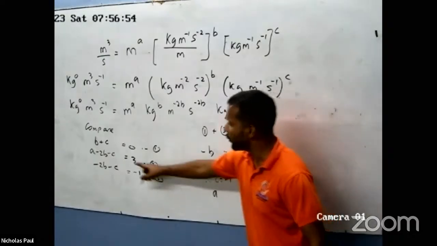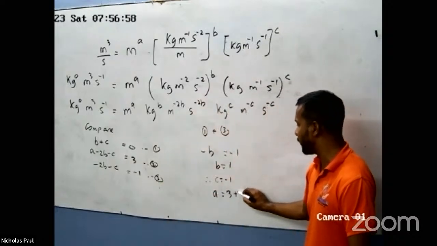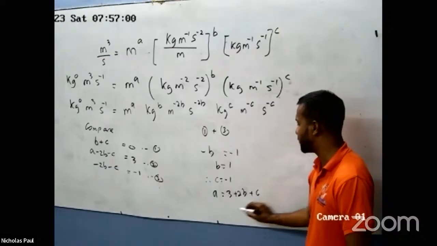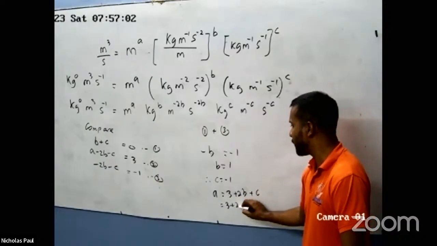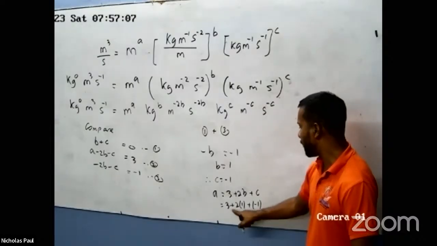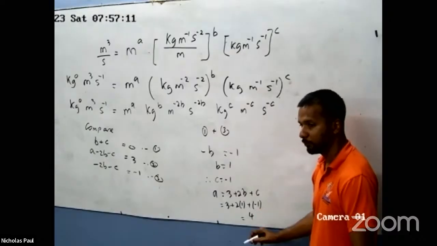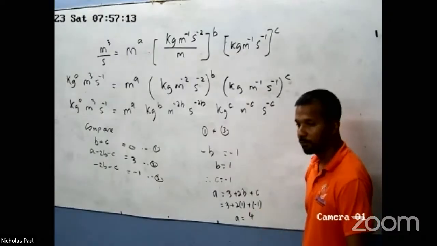So from equation 2, a is equal to 3 plus 2b plus c. So that's 3 plus 2 by 1 plus minus 1. So that's 3, 5 minus 1 is 4. a is 4. So you got that?